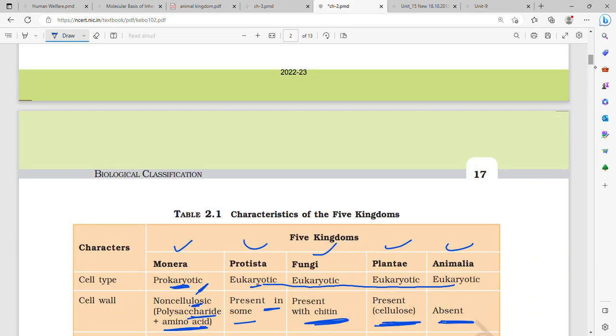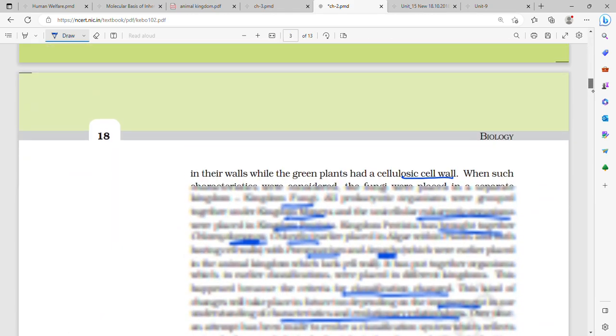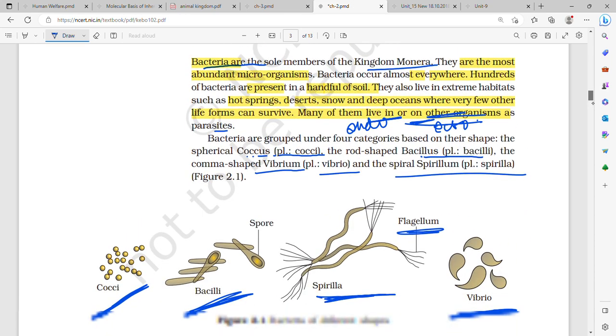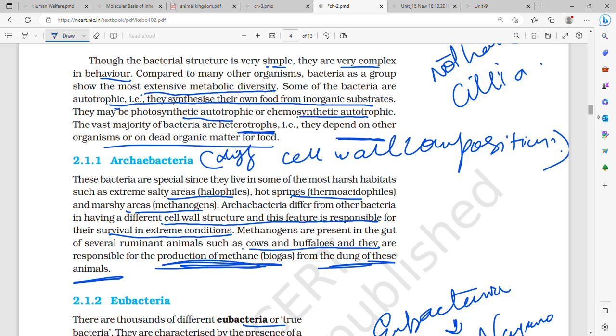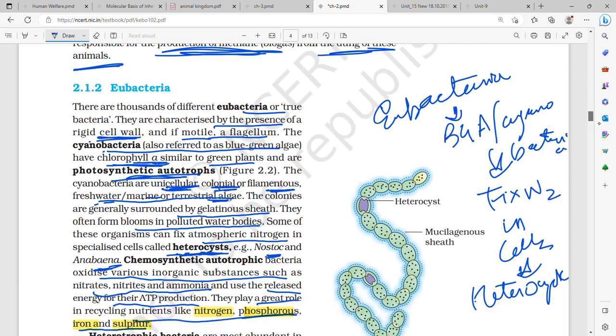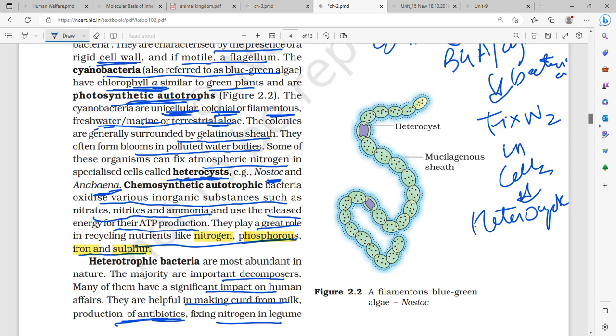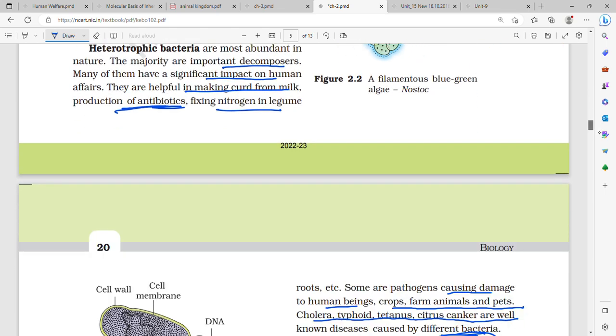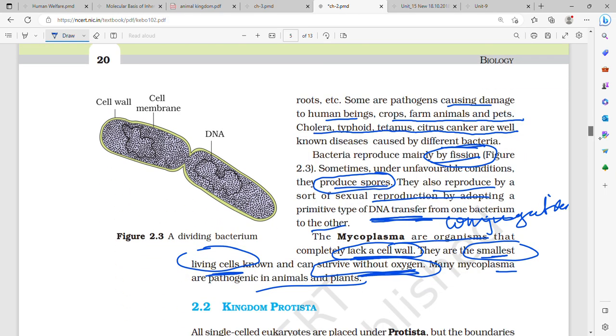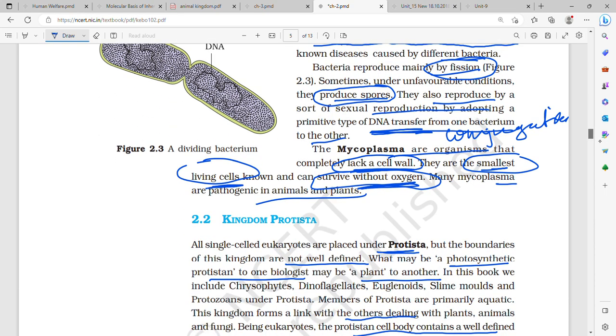Examples of kingdom Monera: Lactobacillus, then blue-green algae, cyanobacteria, in that Nostoc, cyanobacteria as nitrogen fixers, then chemoautotrophic bacteria such as sulfur bacteria, then heterotrophic bacteria like Lactobacillus, Rhizobium fixing nitrogen in legume roots, then Mycoplasma, which lacks a cell wall.